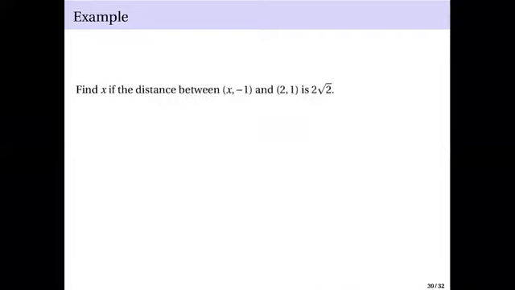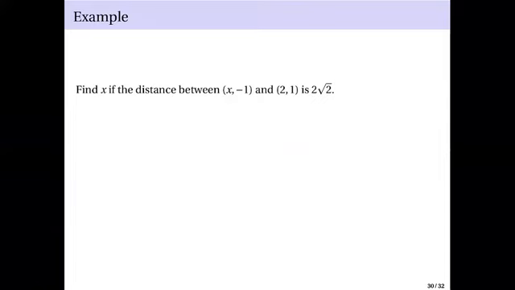Our last example here: find x, if the distance between (x, negative 1) and (2, 1) is equal to 2 square root of 2. So direct substitution of the distance formula.